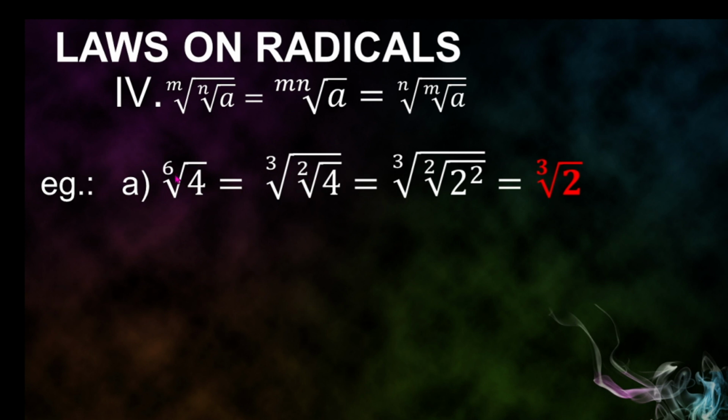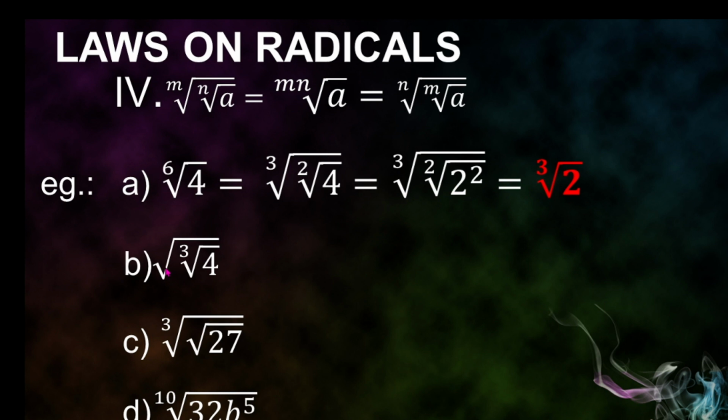So therefore, we could rewrite the sixth root of 4 as the cube root of the square root of 4. Since 4 is a perfect square, we can rewrite 4 as 2 squared. So we have the cube root of the square root of 2 squared. We can cancel out the exponent and our inner index. So therefore, we have the cube root of 2.